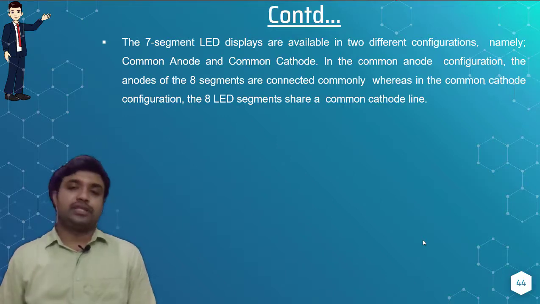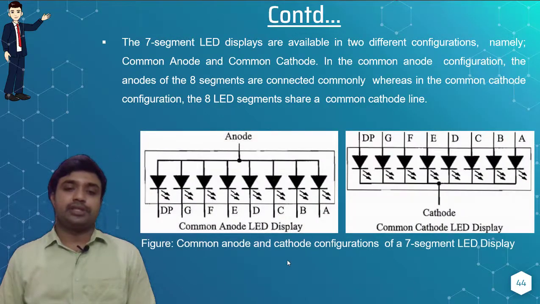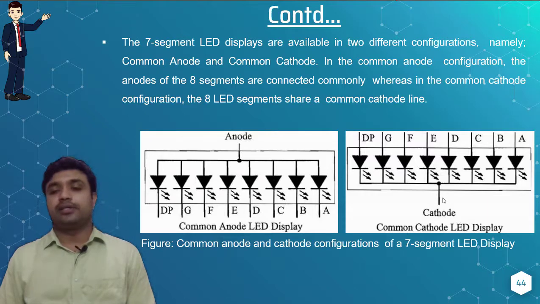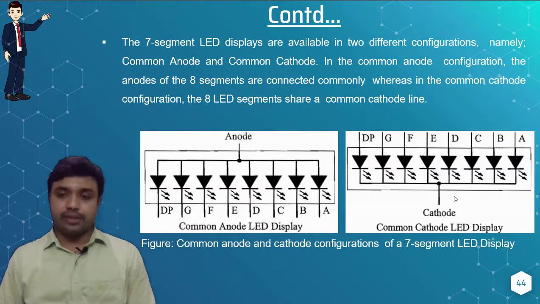Let's see the pictorial representation. This is the common anode display, where all the anode terminals are combined, and the common cathode is the combination of all the cathode terminals.